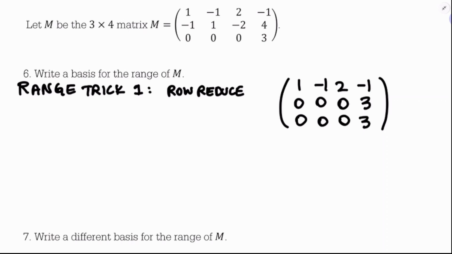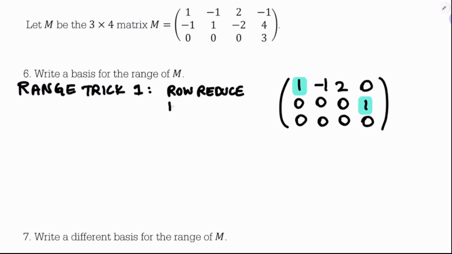Then I'm going to further reduce by subtracting row 3 minus row 2, getting that 0 there, dividing row 2 by 3, using that entry to clear out the rest of the column, and then I'll be done. Then I'll have pivots here and there.